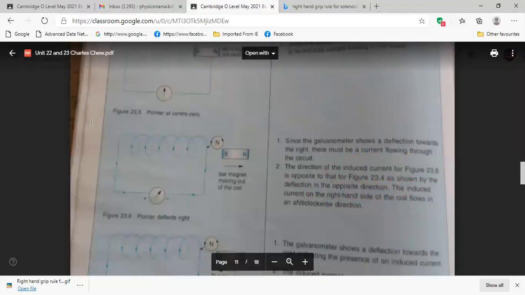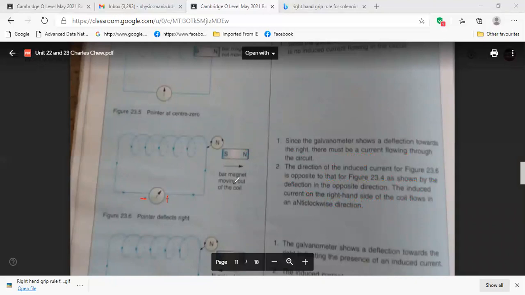Okay. Now, this diagram, look, what we are having here, just opposite, huh? Yes, sir. Opposite direction current. Why? The bar magnet is moving out of the coil. Bar magnet is taken away from the coil.